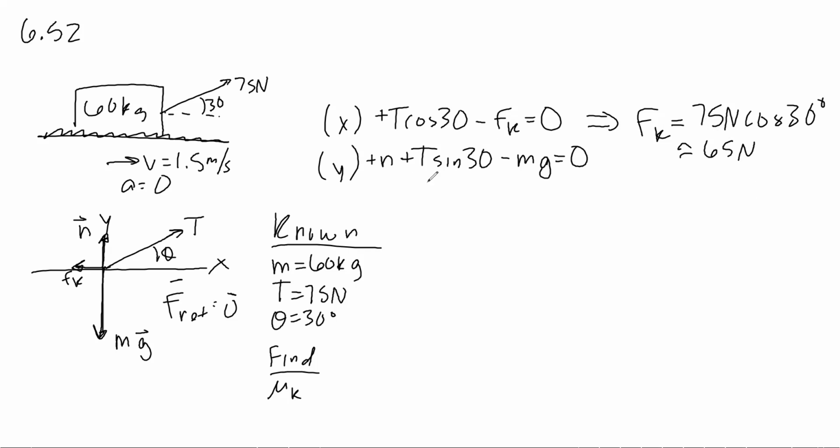And then the normal force is the easier one. It should be much bigger, because coefficients are usually smaller. So the normal force is going to be equal to T sine of 30 plus mg.